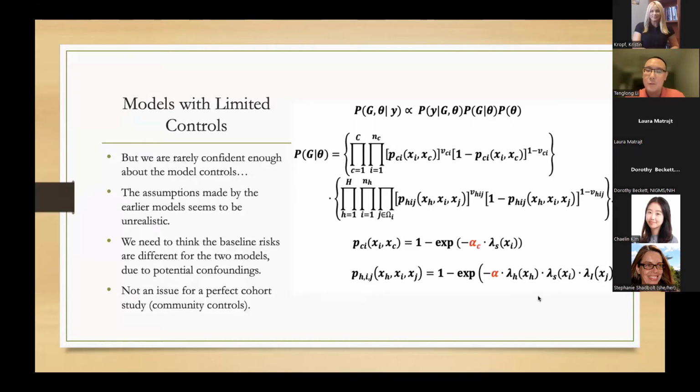You only have some limited measurement with measurement errors. In this case, with the same model, you cannot write the baseline parameter in community transmission PCI as equal to the baseline parameter in the household transmission, alpha. So we write alpha C to represent the baseline risk for each community, while alpha keeps its own role as the baseline for the household transmission.